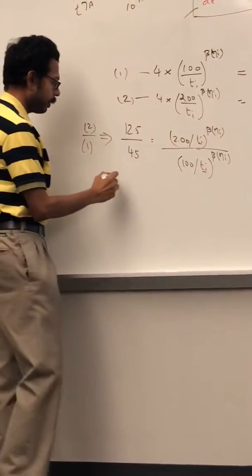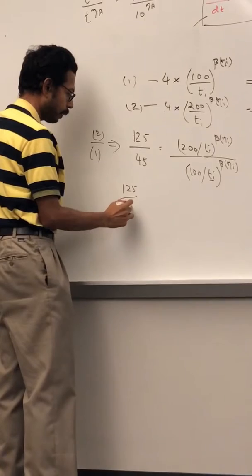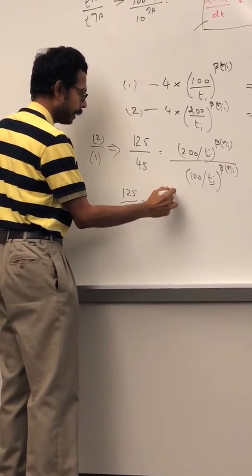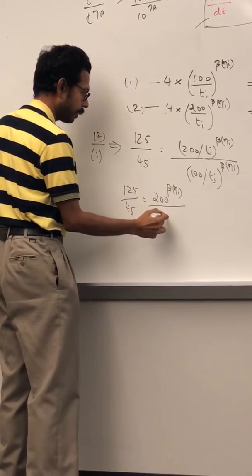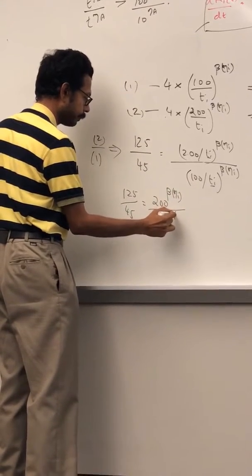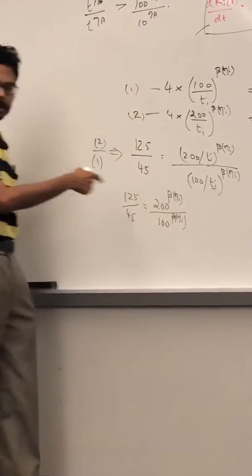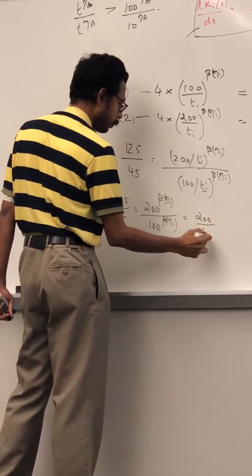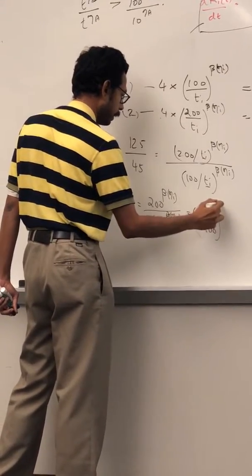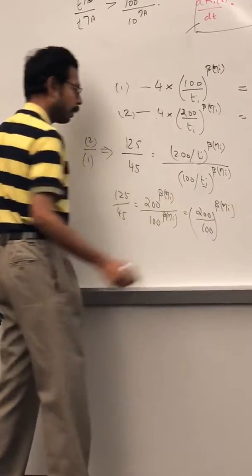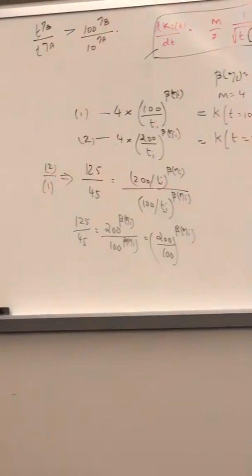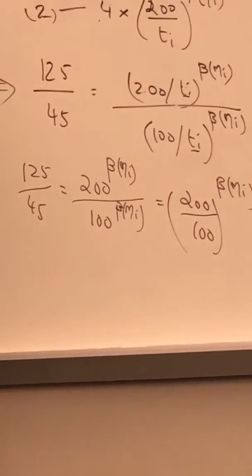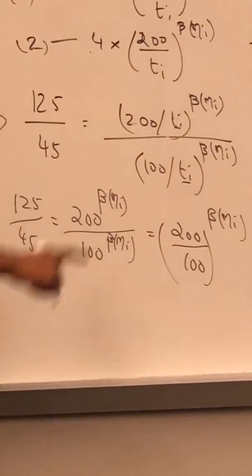So you simply have 125 divided by 45 equals 200 raised to beta of eta I divided by 100 raised to beta of eta I. Again, this is the same exponent in both the numerator and denominator, so we can put them together: 200 over 100, the whole thing raised to beta of eta I. That is 2.